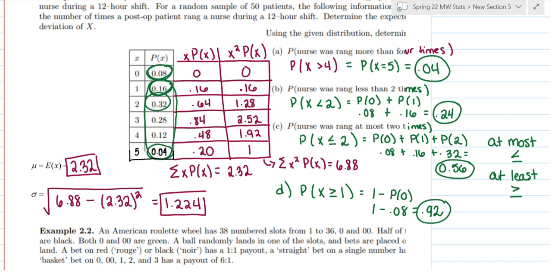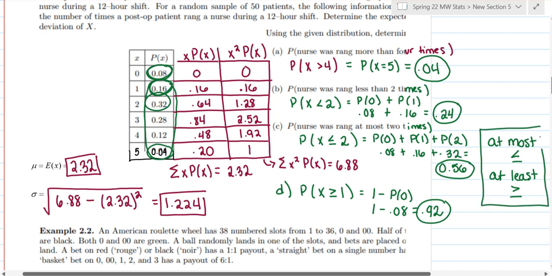Okay, so you have to learn your notations, be able to work that out from a table and pull the probabilities out. So at most is less than or equal to, at least is greater than or equal to. Okay, and then the other ones, more than, less than, are just like they sound.